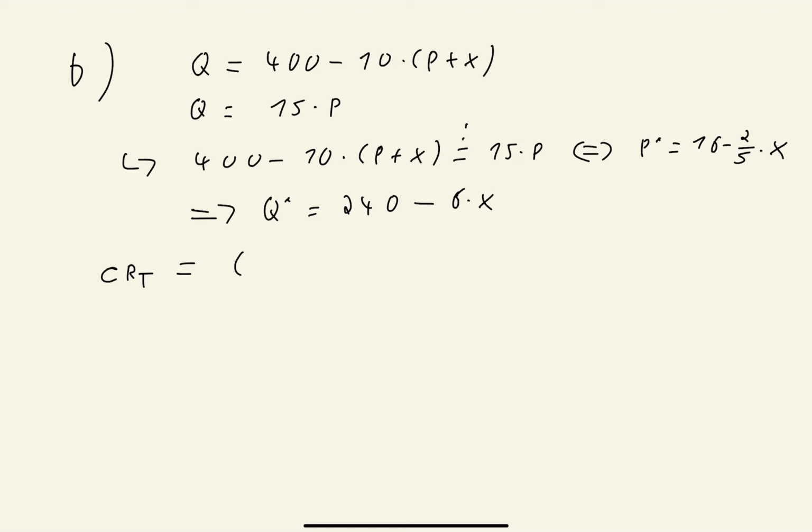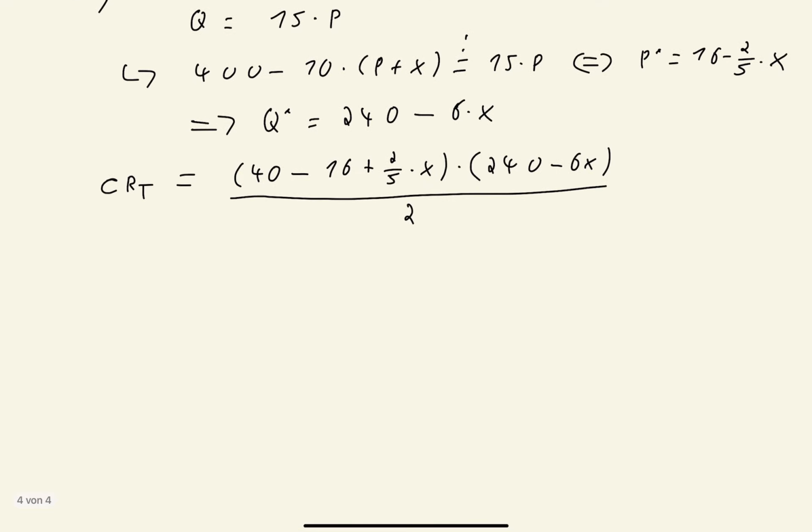So we still have a maximum willingness to pay, which is equal to 40 in this market. This didn't change, but obviously the equilibrium price changed. So from this we subtract 16 and we subtract minus 2 divided by 5 times x. So this is then plus 2 divided by 5 times x. And we multiply this by the equilibrium quantity, 240 minus 6x, and divide this by 2.